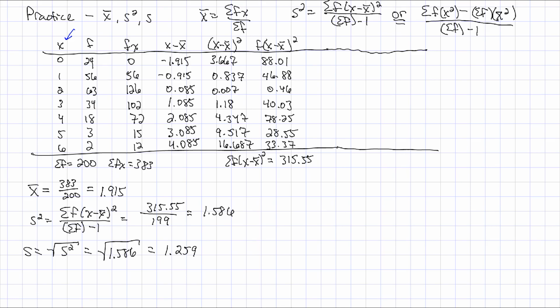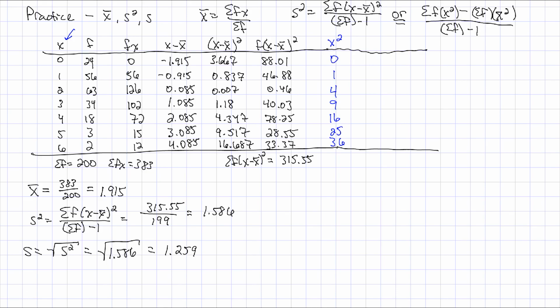So what we can do is just square each of those values to get our x squared values. And remember, if we were doing this as a vector, each of our x's appears in our data set however many times we specify in our frequency column.